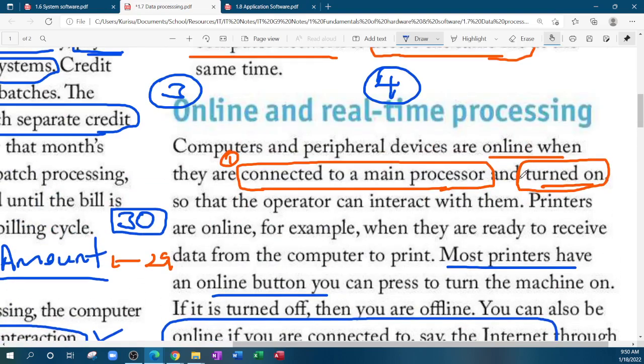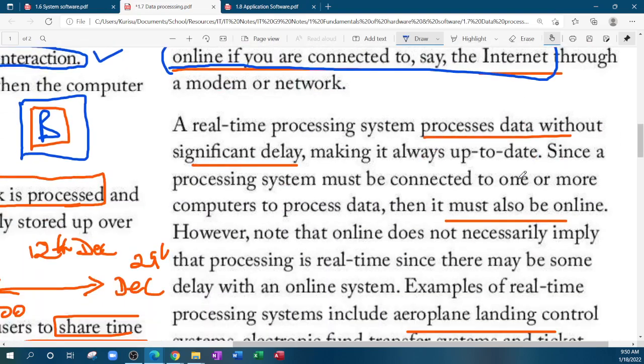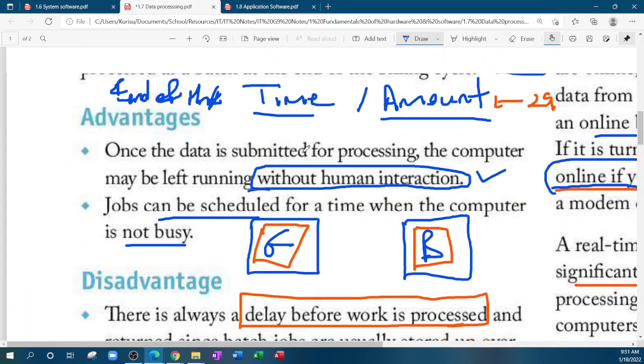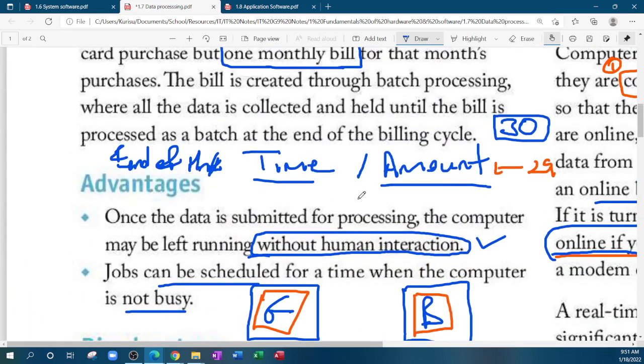Now, what is the difference between online and real time? Real time could be contrasted with batch processing. Remember, with batch processing, we have to wait to process the data. We have to wait a specific time. We have to wait a specific amount.